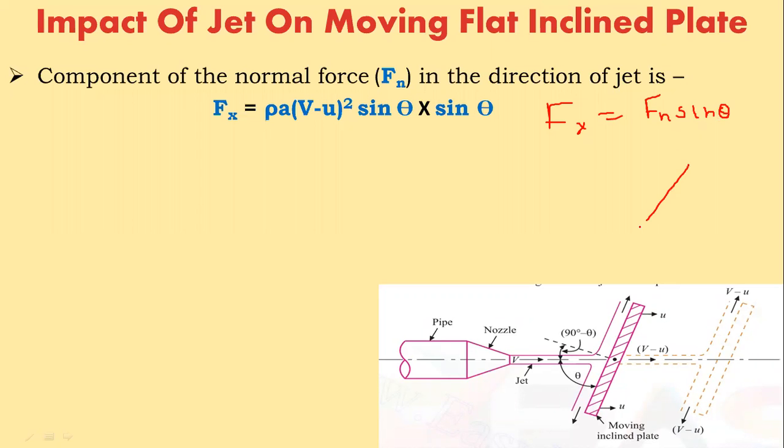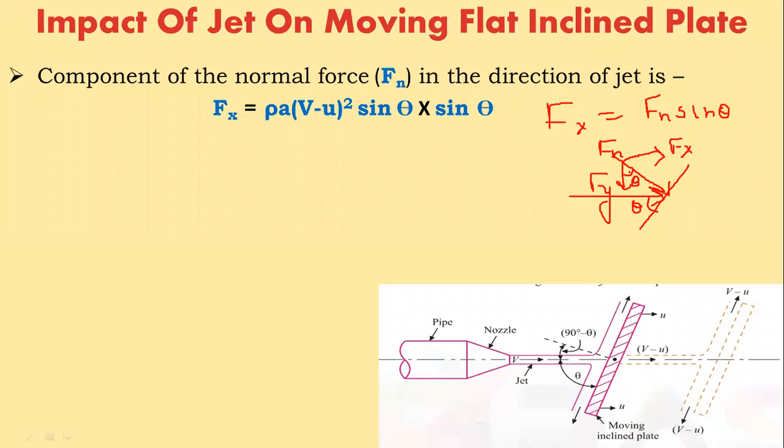How so? This is the plate, this is the direction of the jet, this is the normal force Fn. We take out two components, one in the y direction, one in the x direction. This is Fx, and this is Fy. This angle here is theta. As this angle is theta, this angle will also be theta.